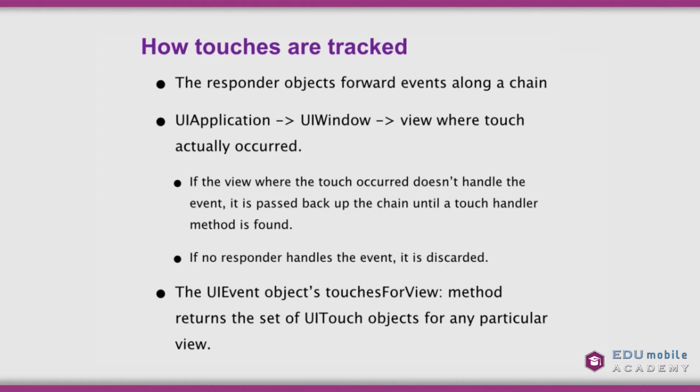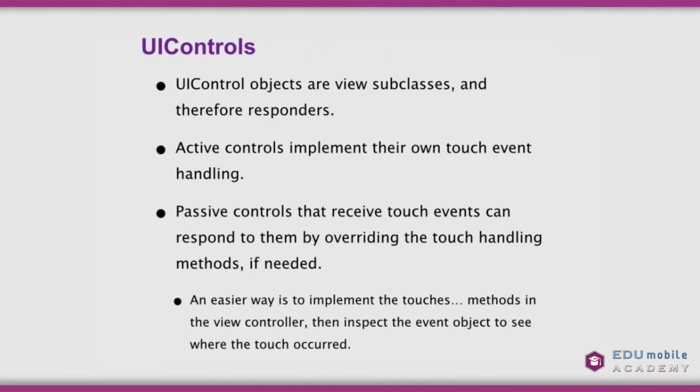So we pass it a view, and it returns a subset of all the touches for the event that correspond to touches that occurred within the bounds of a particular view in our application. We can inspect these touches and the events and see where they actually occurred. This is very useful, and we'll see a use for this in the demo.